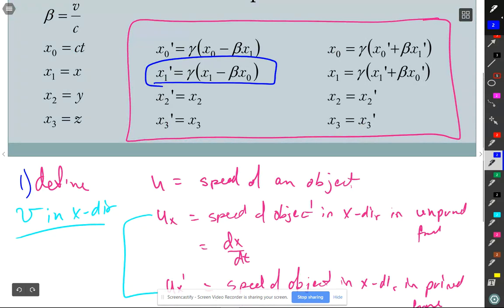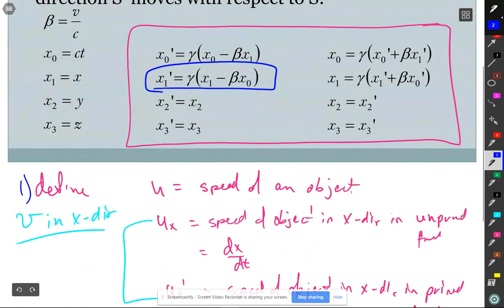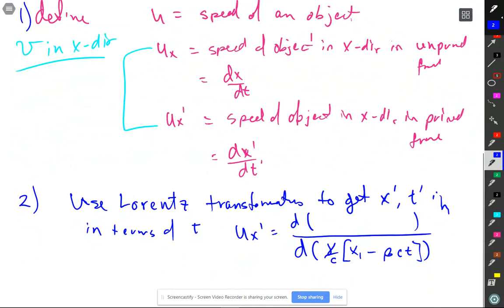X0 is the ct prime. So that should have been gamma over c, so I have time instead of ct on the left side. That should have been on bottom. The top is x1, and so x1 prime is gamma.